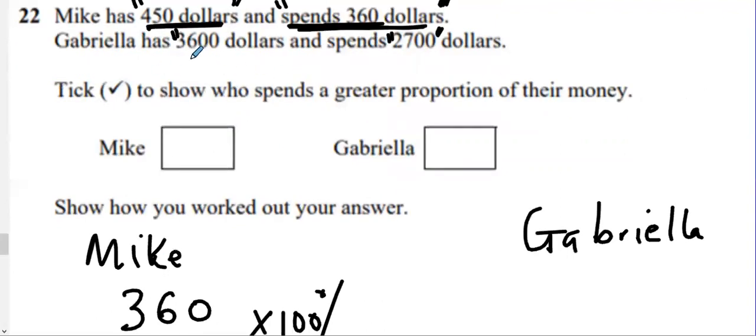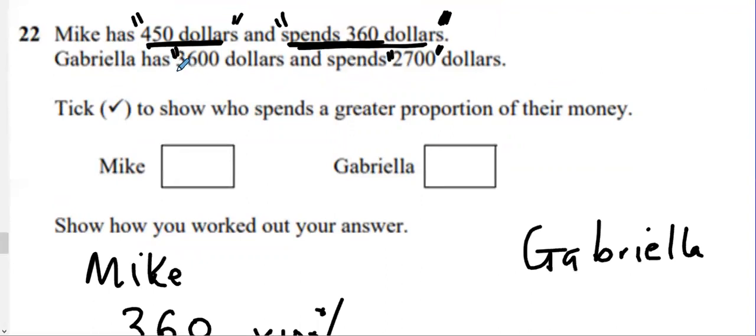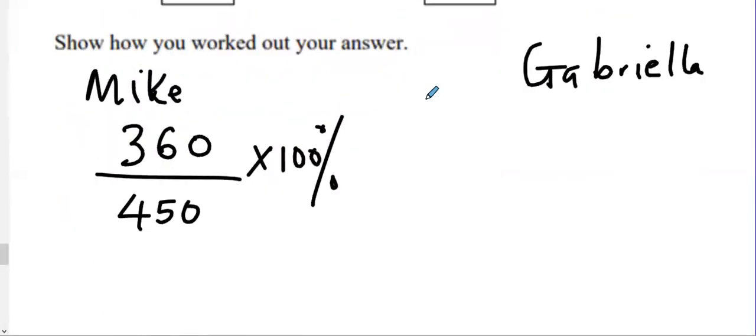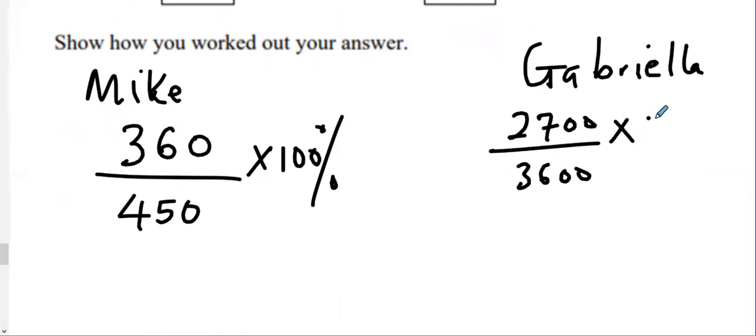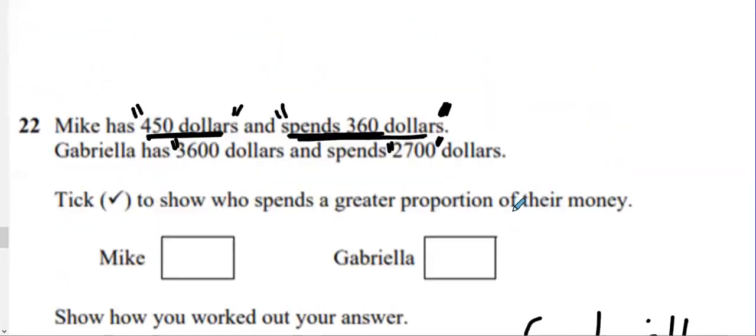Do the same for Gabriela, who has $3,600 and spends $2,700. Write Gabriela as 2700 over 3600, and multiply the answer by 100. You turn 2700 into a percentage of that number, and do the same for Mike.